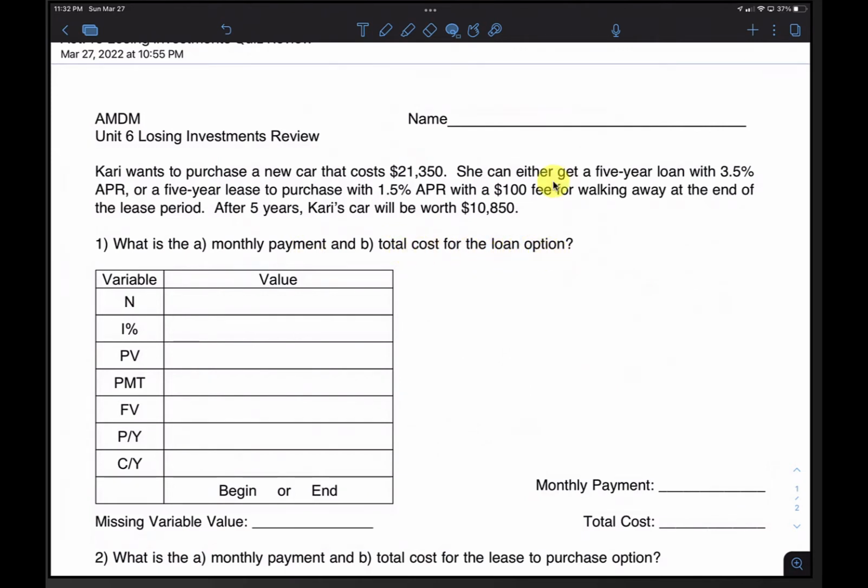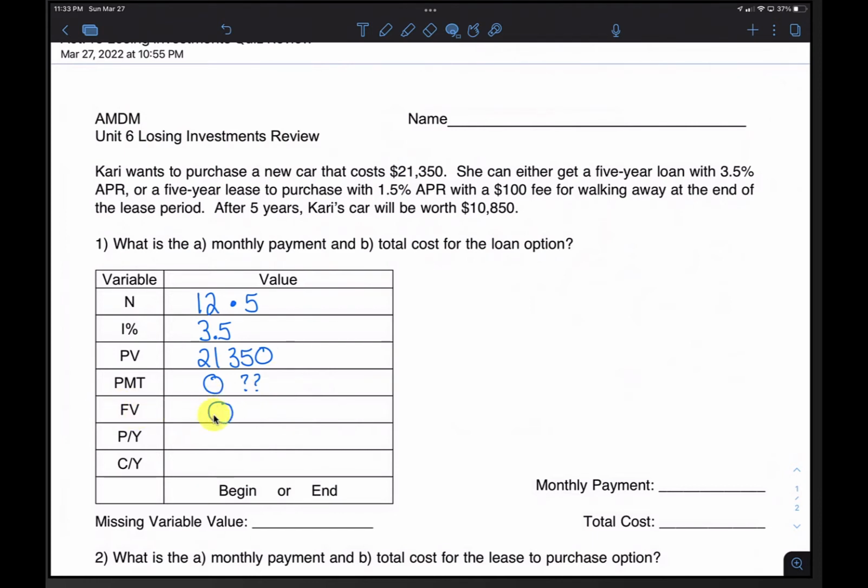Now we can use the TVM solver to find the monthly payment. So let's fill in the table. N is going to be the 12 months times 5 years. Interest rate was given to be 3.5. The present value is the price of the car, $21,350. The payment's going to be 0 because that's what we're looking for.